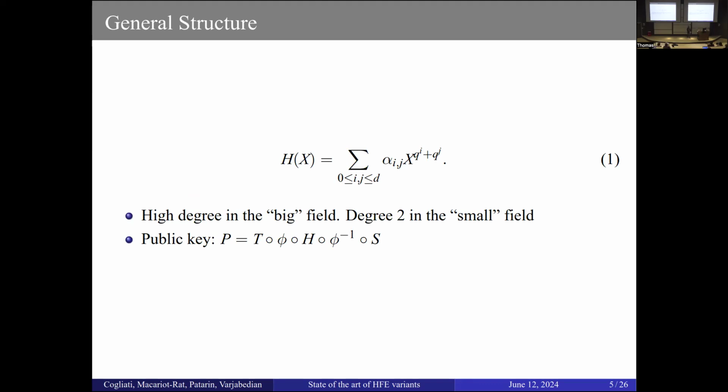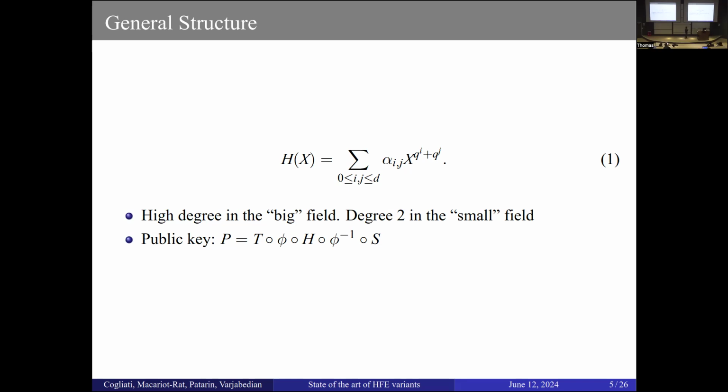So what is the general structure? First of all, unlike all the previous multivariate schemes which we've seen, the private key is not a multivariate system. It is only a univariate polynomial. Here we have H, which is of a special form, which only contains monomials with a sum of two powers of q, where q is the characteristic of the small field we are working on.